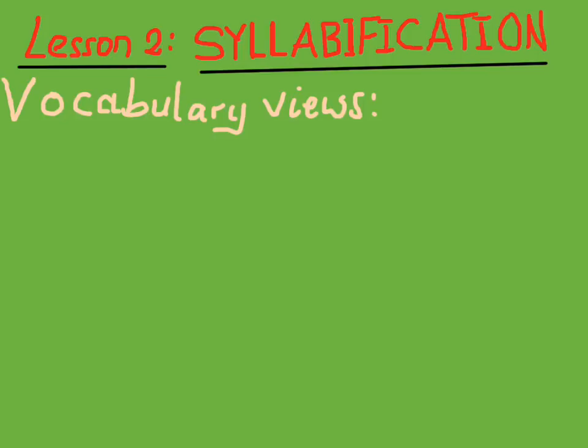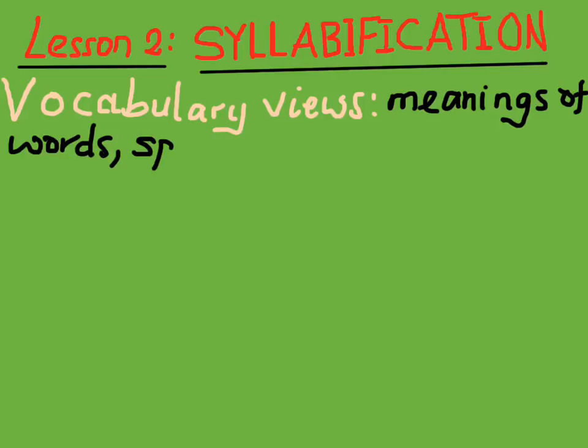To begin with, we cannot just go ahead and look at syllabification without saying what we understand by vocabulary. So what is vocabulary? Vocabulary views things like meaning of words, how words are spelled, how they could be syllabified, where the stress patterns are, and many other things put together.